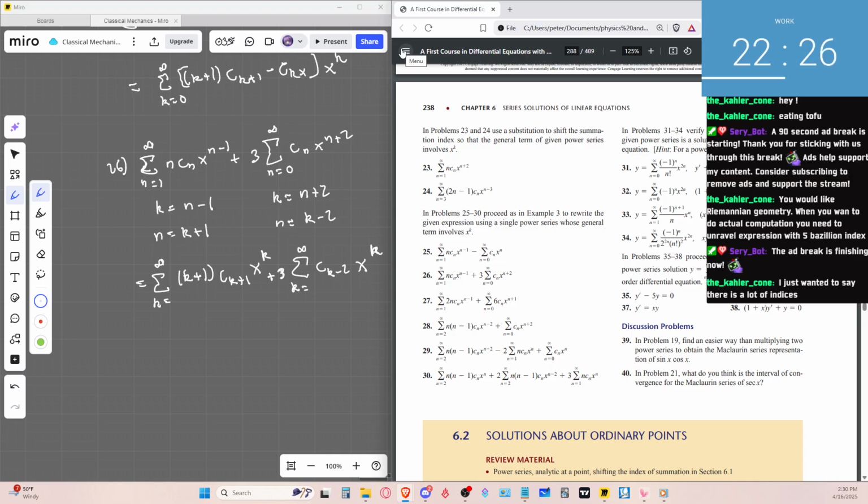I just wanted to say there is a lot of indices. Oh, okay. I see. You're basically just emphasizing that's a lot. I see. That's cool. I think summation symbols are pretty cool to look at. Because they simplify a lot, but when you see them in equations, they look very mysterious, and to some people it looks scary.